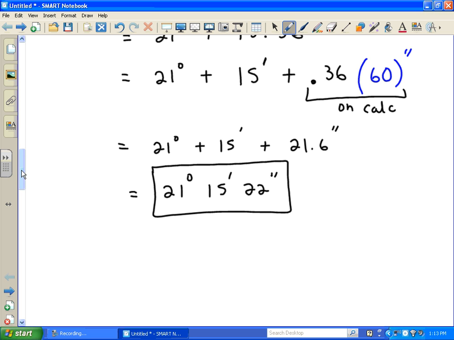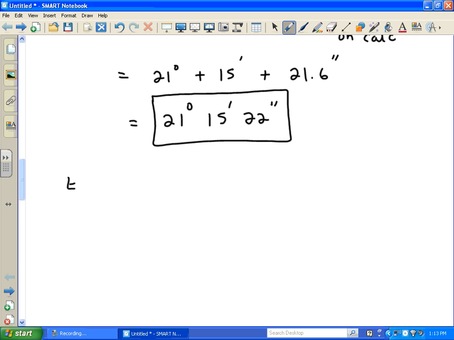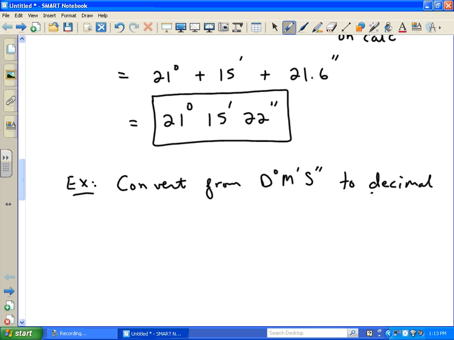I will now do a conversion backwards. I will be given degrees, minutes, and seconds and asked to convert them to decimal degrees. So let's look at that example. So convert from degrees, minutes, and seconds to decimal degrees.